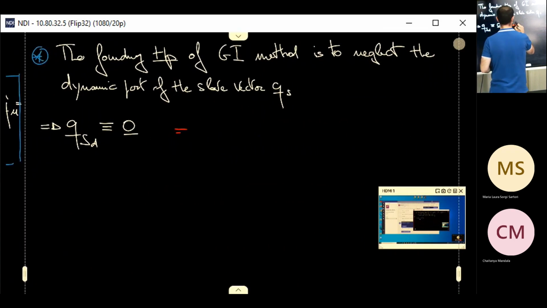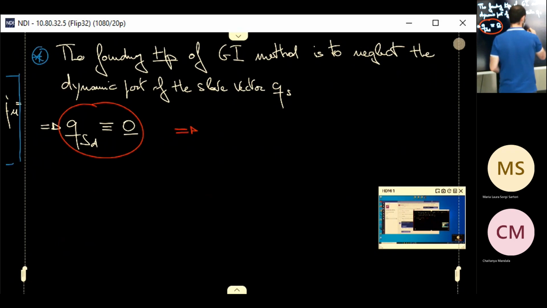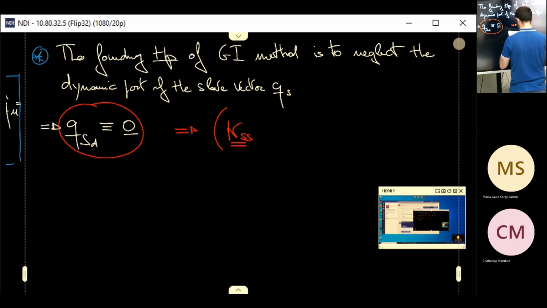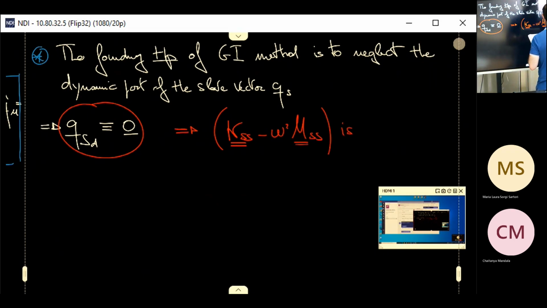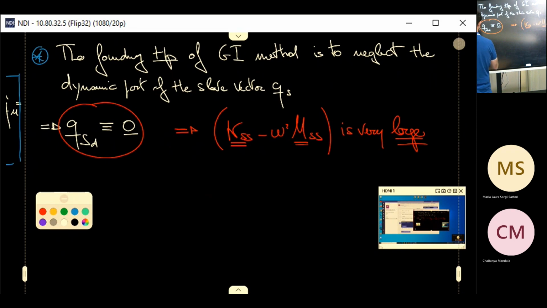Okay, so using this means that KSS. Okay, and so I can conclude, and then we end here the lesson.